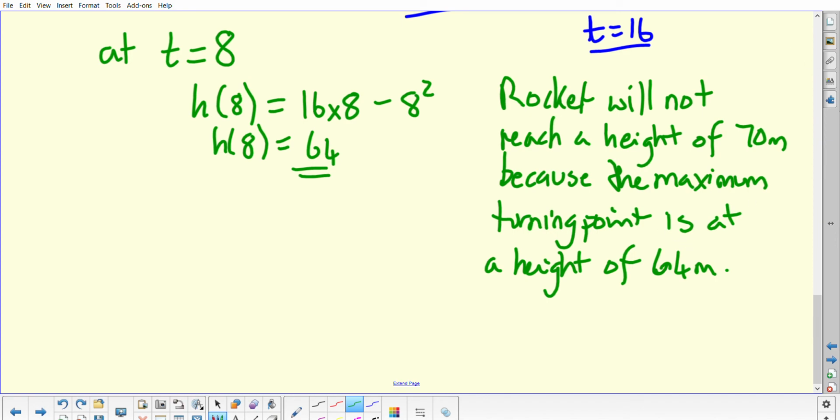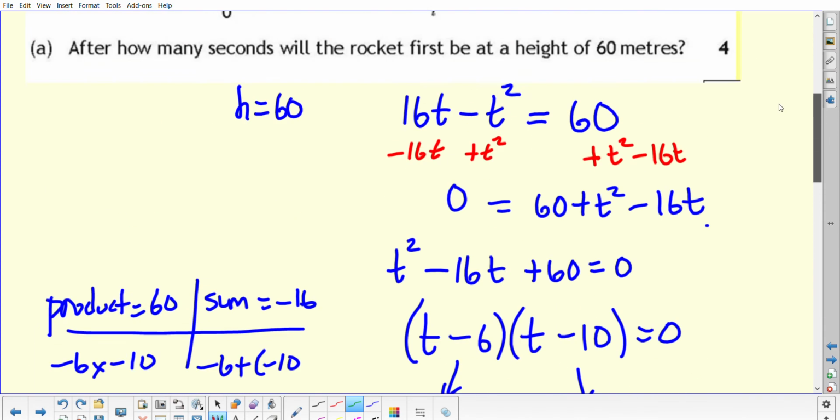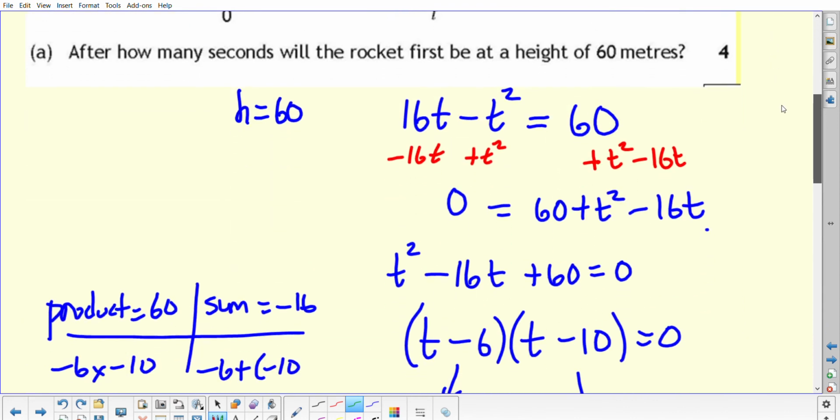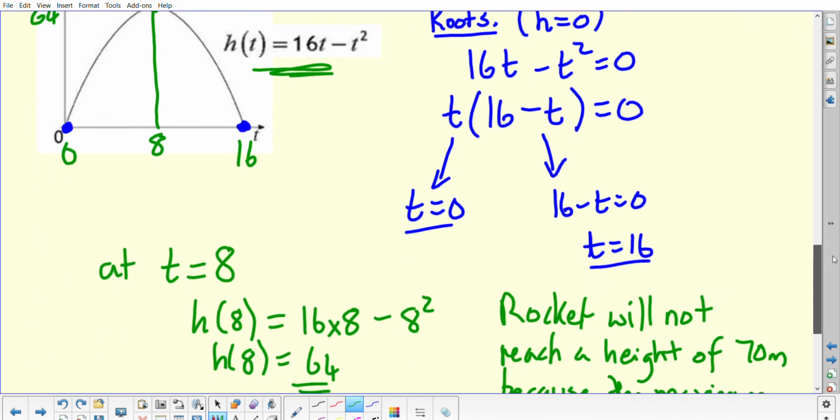So that was your exam question from 2014. You're going to have a look at some other exam questions as well to practice these kinds of techniques.